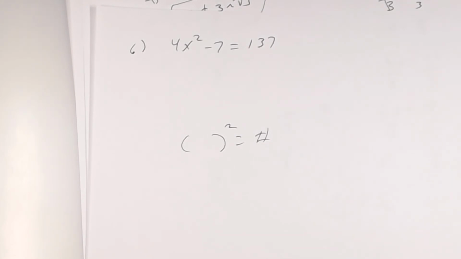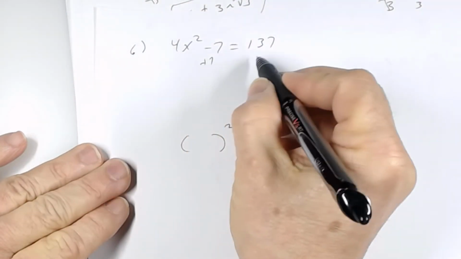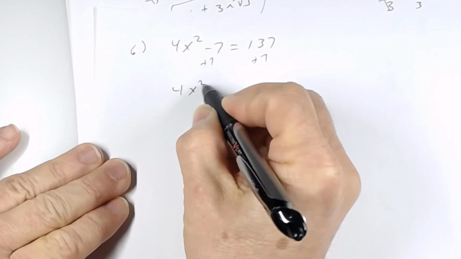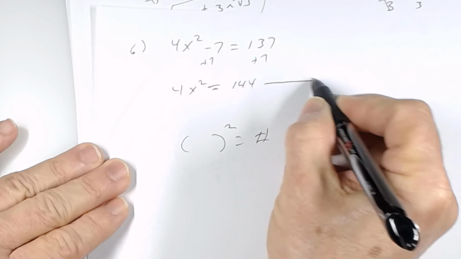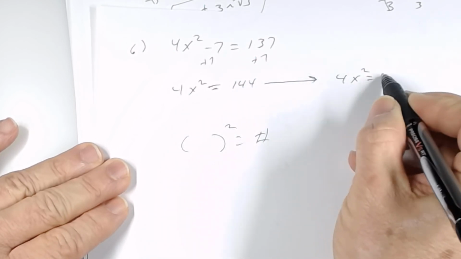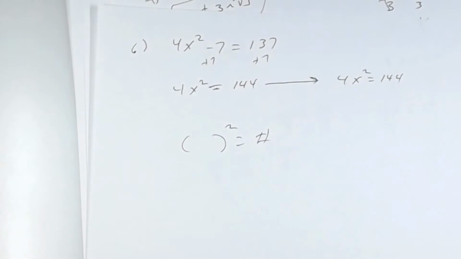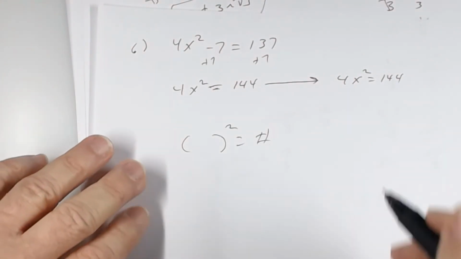Only x. So I've got to get x squared by itself. So what's the next step? Add 7 to both sides. So I get 4x squared equals 144. And then divide both sides by 4.